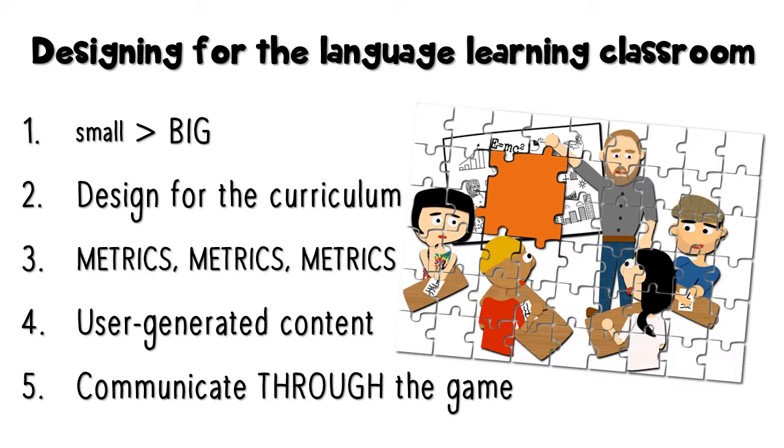And then finally, communicate through the game rather than with the game. That is, games are not able to make good assessments of language use other than really, really simple assessments. Did you spell this word correctly? Did you use a noun when you were supposed to use a noun?